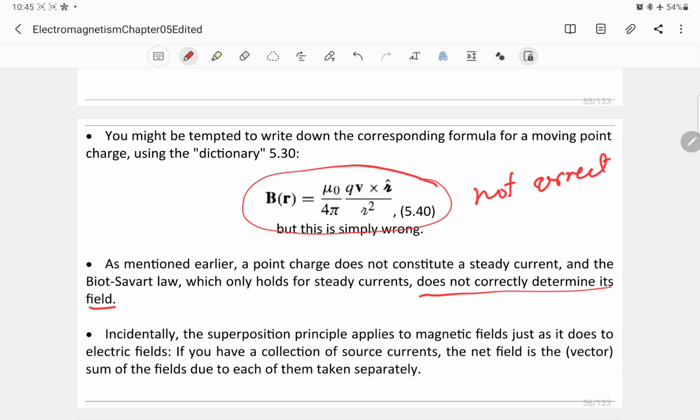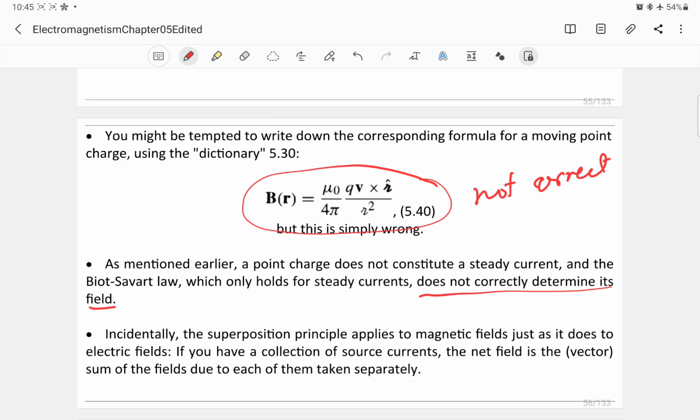Although a charge can be affected by a magnetic field, which is of course produced by a current, it may not be a steady current.